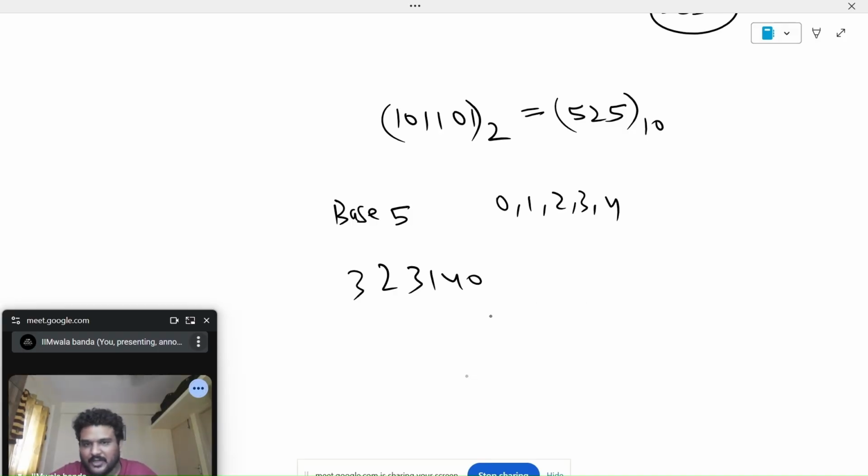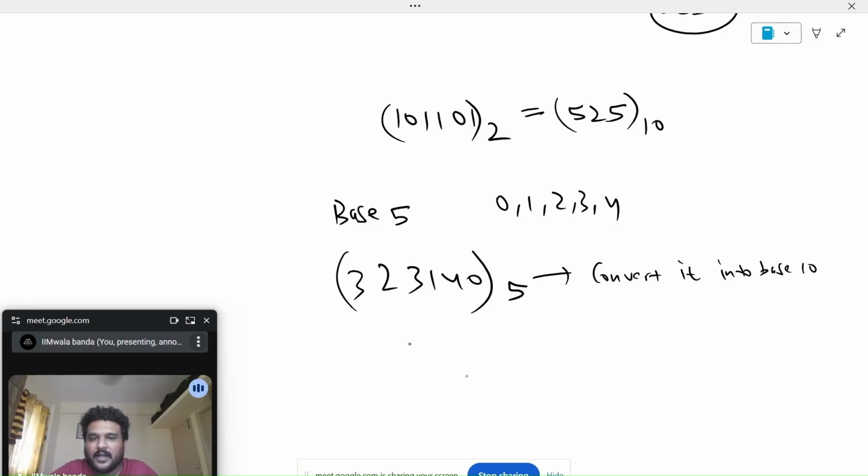This is my number. Now I cannot say what base it is. It can be base 5, base 6, base 7, but it can't be base 4, because then you can only use 0, 1, 2, 3. So it can be anything in the world. But I know it is in base 5 because it is stated like that. Now I want to convert it into base 10.